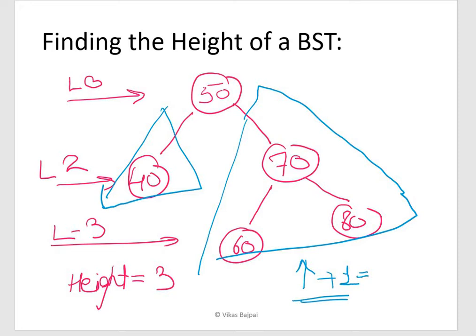That would be your actual height of a binary search tree, right? So in this particular example what we see is that the height of your left subtree is comparatively smaller, right? And this we are considering, and then we are adding 1 to it in order to get the height.